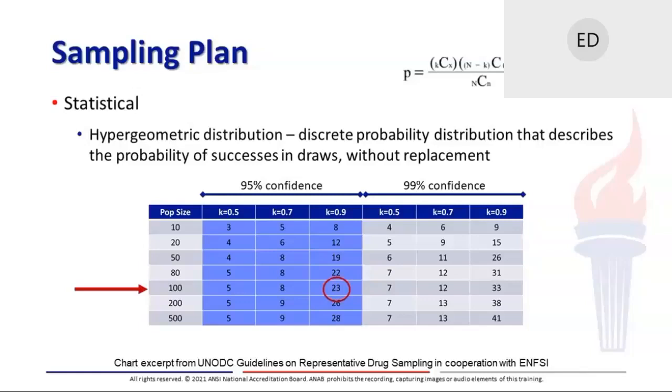What it is saying, for instance, is if you get a population of 100 items in, and from those 100 items you select 23 of them and test them, and all 23 come back with the same result, then you can say with 95% confidence that 90% of that population of 100 is the same.